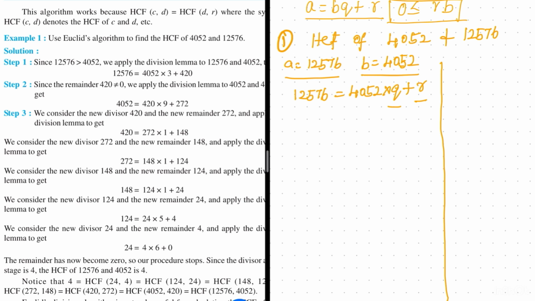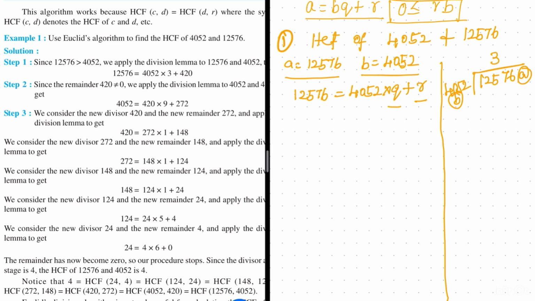So what is the quotient? We have to divide 12576 by 4052, that is, the larger number by the smaller number, A by B. So approximately it comes to 3 times.